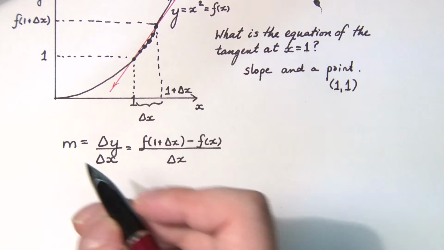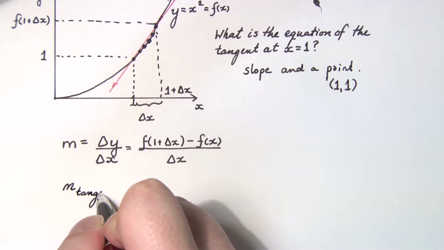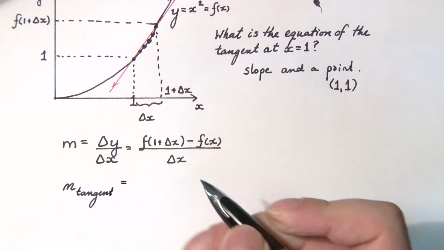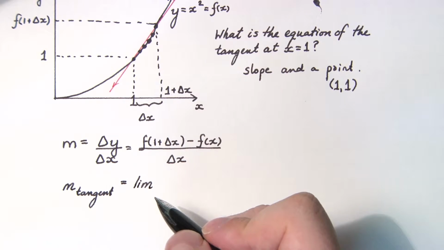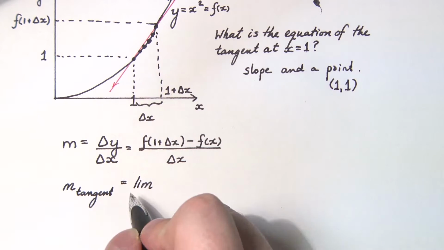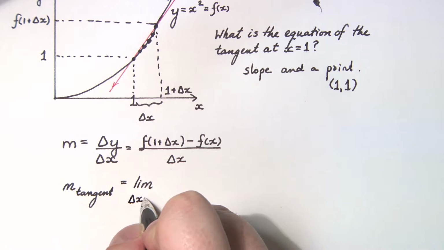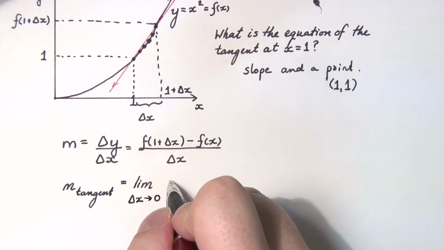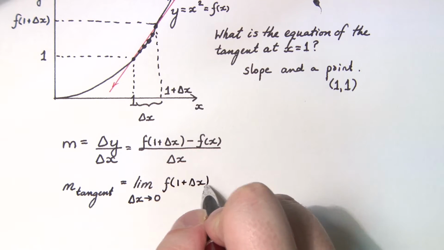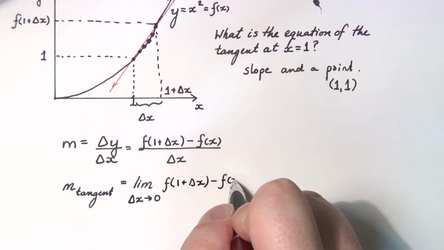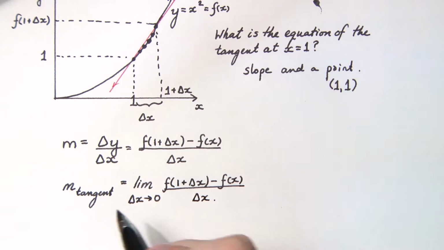So what we do is, the slope of the tangent, what we do is we will take the limit. So we'll let it get really, really close, infinitely close. So that we'll do the limit as delta x goes to 0 of the function f at 1 plus delta x minus f at 1, all divided by delta x.